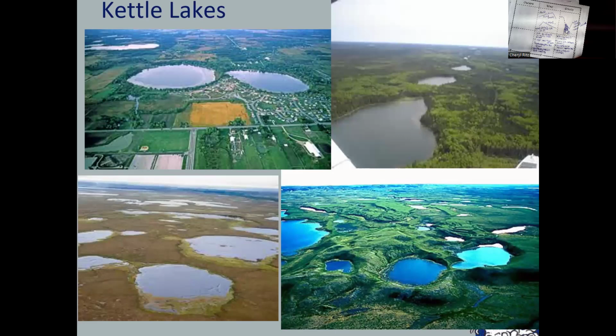Finally, there's some things called kettle lakes. You guys ever heard of kettles? Like kettle corn. Can you guys all picture them making kettle corn at the fair? What's a kettle? Can you describe what the kettle looks like that they're making it in? Big, what shape? Roundish. What do the sides look like?